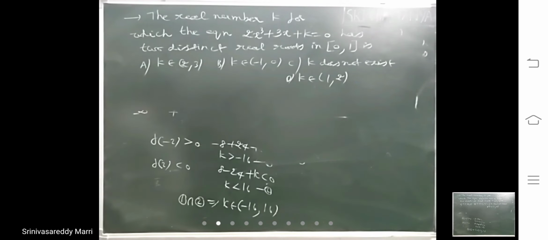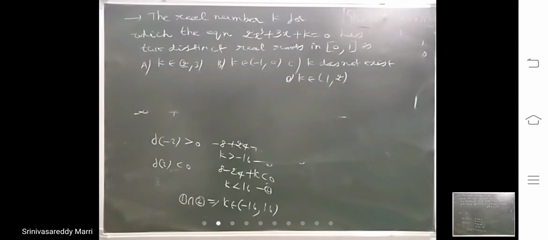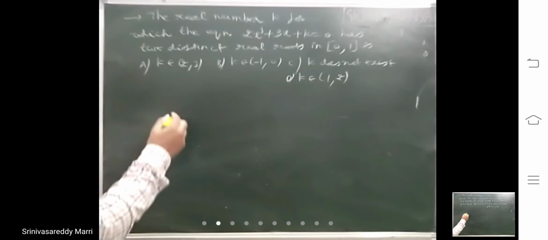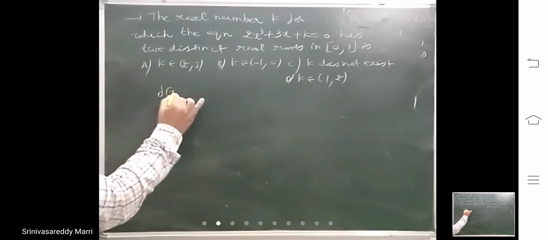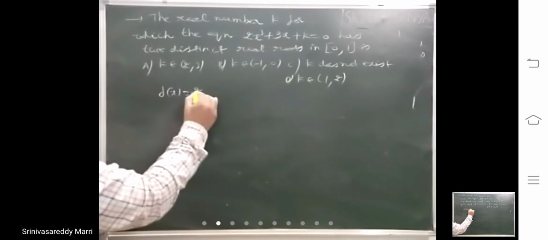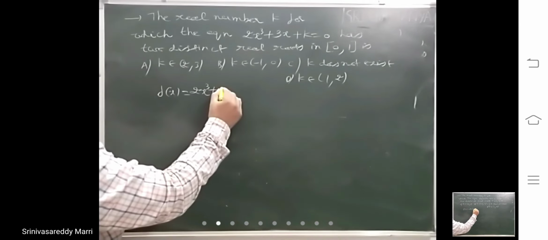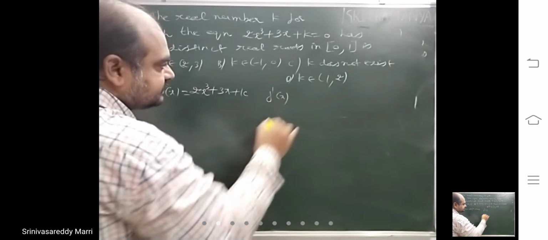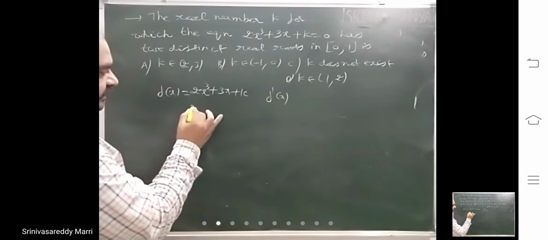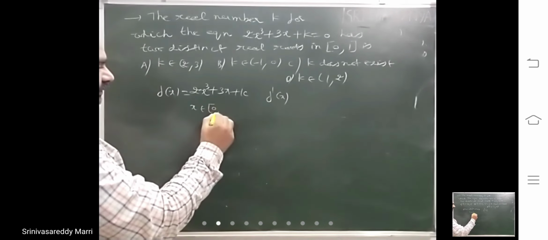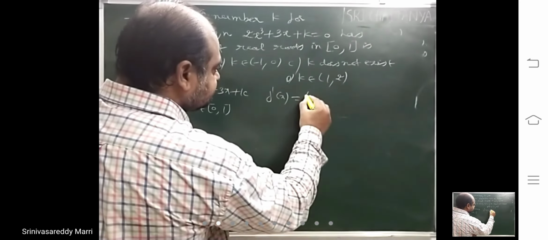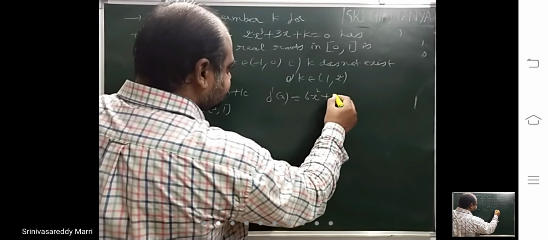Look at this problem. He is telling that the equation must have two distinct real roots. Take that equation as f of x and write f dash x, which is 6x square plus 3.